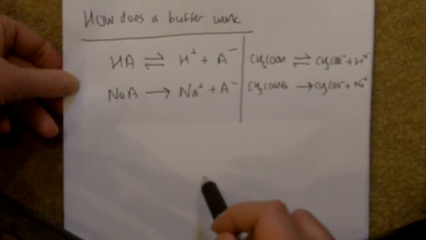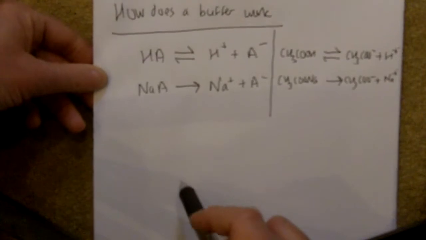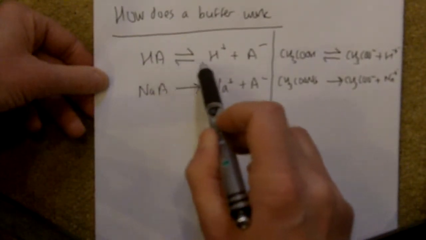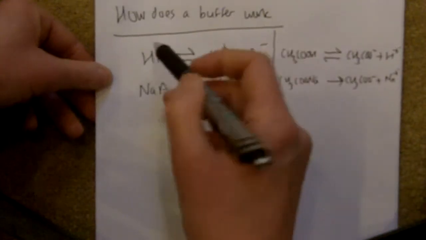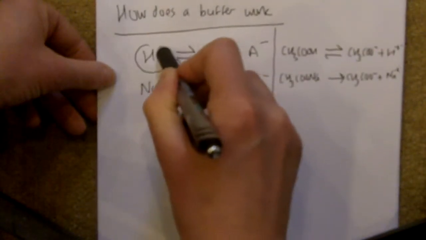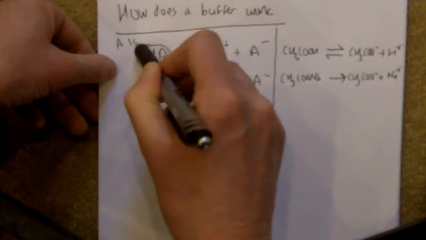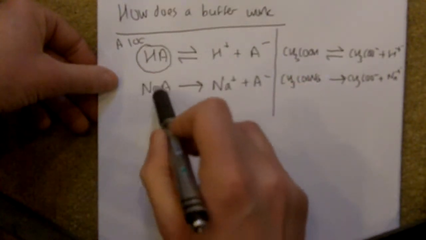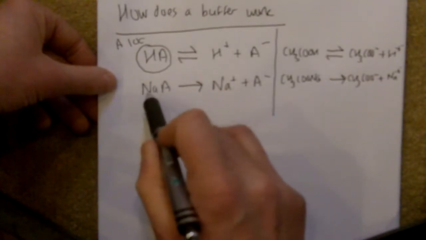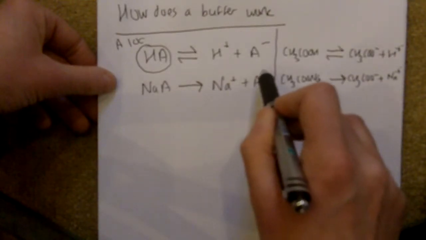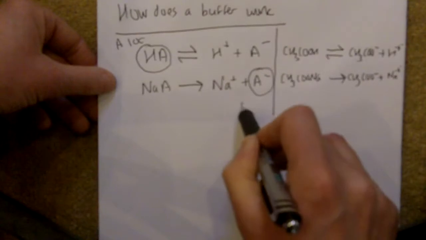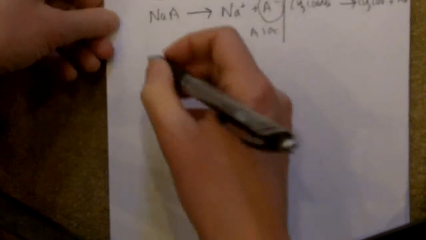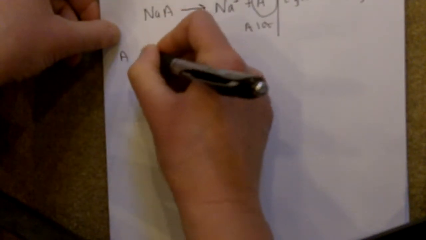Right, so the basis of a buffer is the fact that because hardly any acid dissociates, there is a lot of this in the buffer, okay, because hardly any dissociates. Because a salt, the conjugate base, fully dissociates, there's a lot of this in the buffer. Okay, and we say a large reservoir. They use the term a large reservoir.